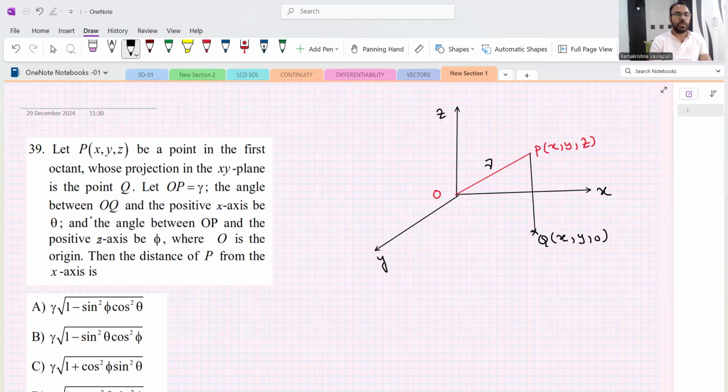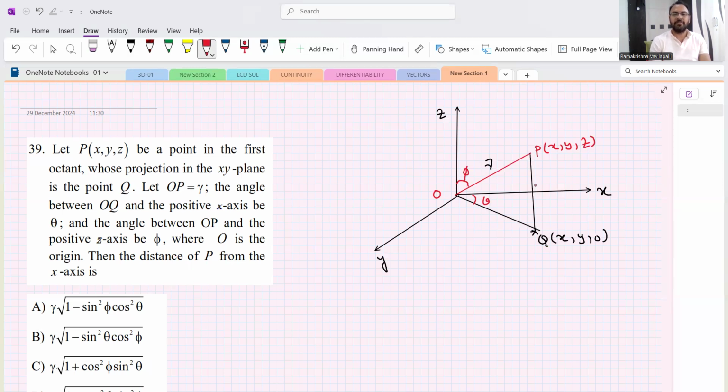The angle between OQ and the positive x-axis is given as theta. And the angle between OP and the positive z-axis is phi.